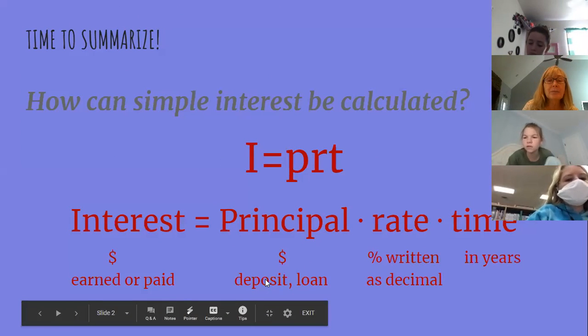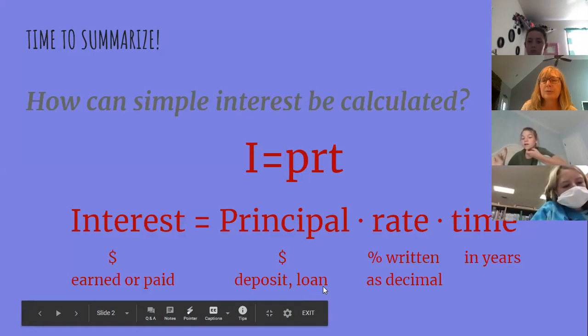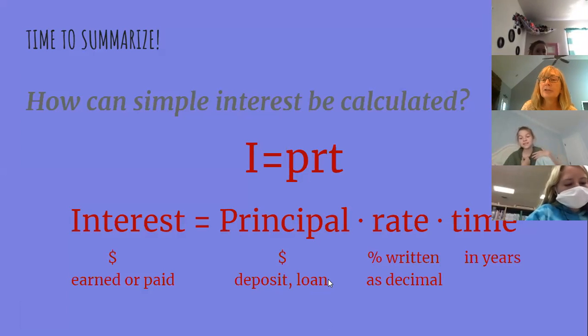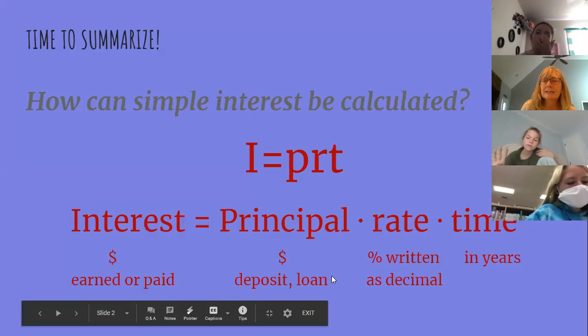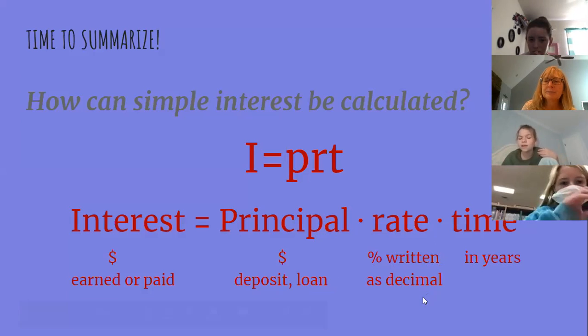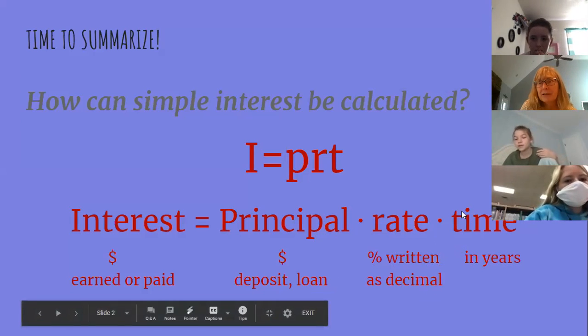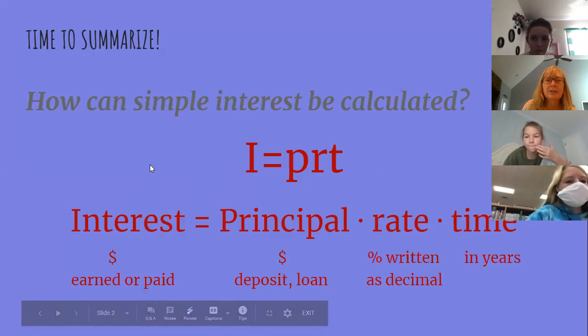You invest in something, you are putting in principal, or it can be a loan. If you go to the bank and you borrow money, or even when you run your credit card, that's technically a loan, so that would be the principal. The rate is a percentage, and it's always going to be written as a decimal, and time is time, but it needs to be written in years. Okay? So this is the formula I want you to use, I equals PRT.